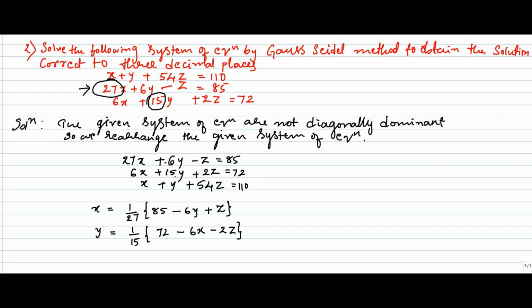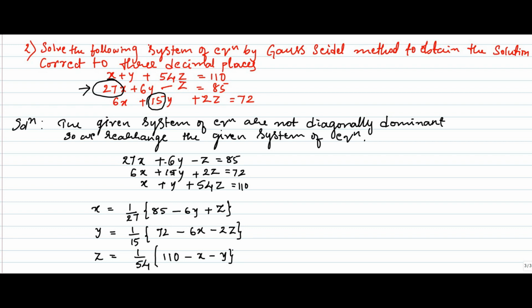Here 15y is there, so the remaining terms will be shifted to the right hand side and divided by 15. Finally z is equal to 1 over 54 times of 110 minus x minus y.